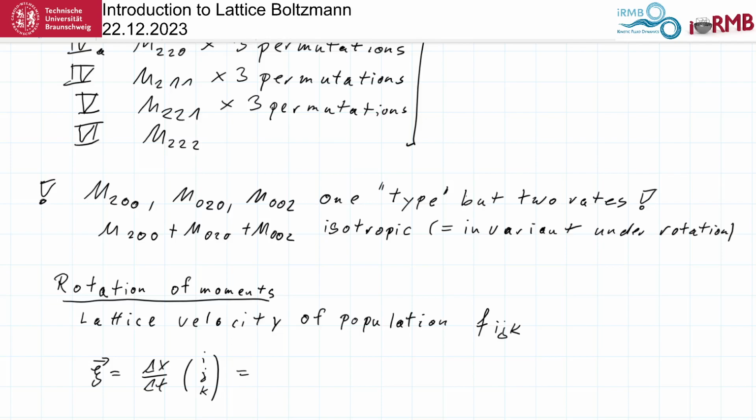So we can write this as i, the unit vector in x, plus j, the unit vector in y, plus k, the unit vector in z. And all of this multiplied by delta x by delta t.